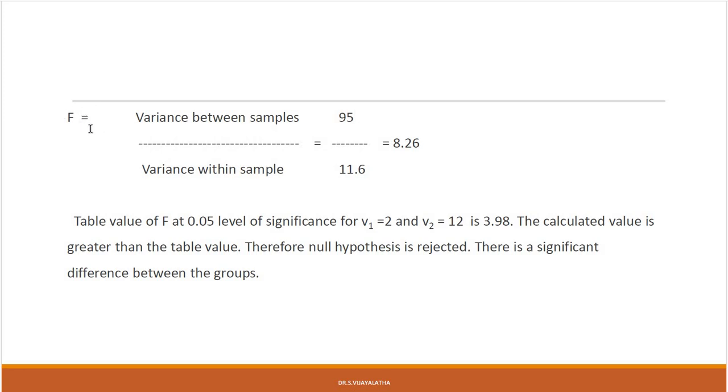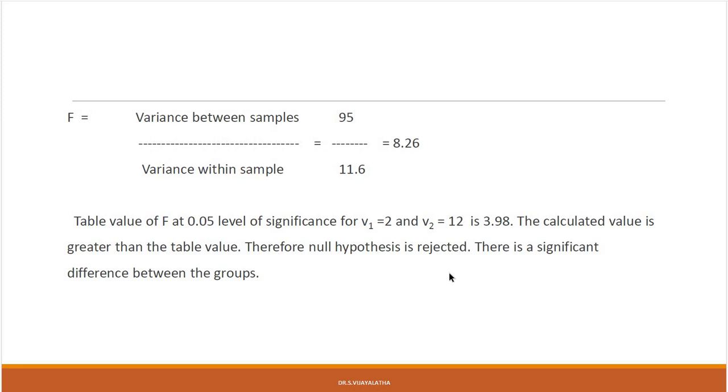When we do an ANOVA test, if we do not find a significant difference among the groups, we can stop with that. Whereas if we find a significant difference, the next step will be to find out between which of the groups there is a difference, because when you have five groups, there may be difference between two groups and we may not have a difference between another two groups.